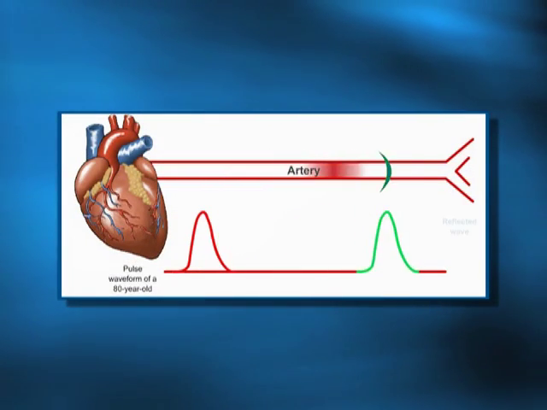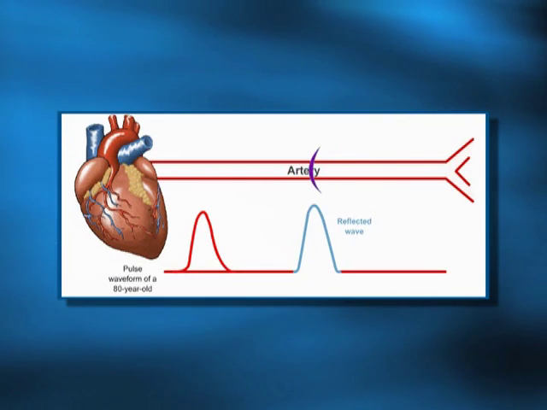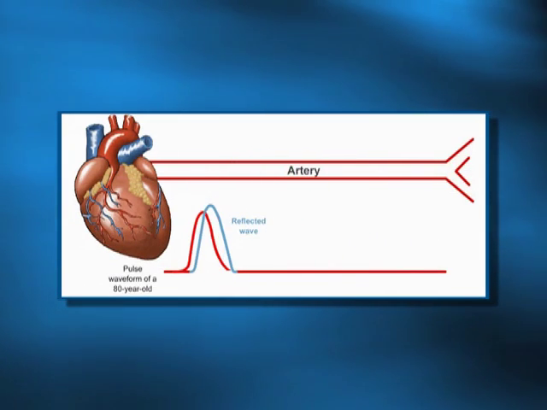Now if you look at an 80-year-old, you see a very stiff artery, and when the heart pumps, the wave travels so fast it comes back right at you in systole. So the wave goes up and then it is augmented, or increased, by the reflected wave, and you spend about two-thirds of the time overcoming the wave and one-third of the time resting and getting the blood.